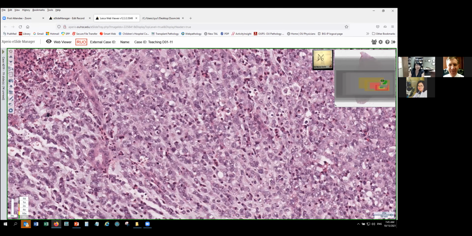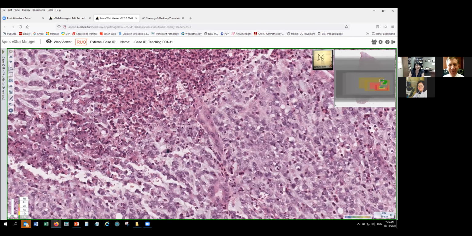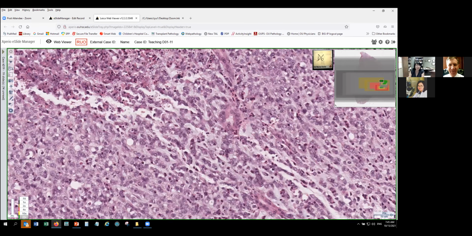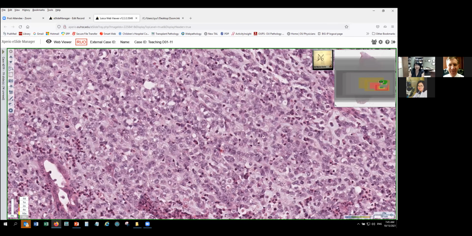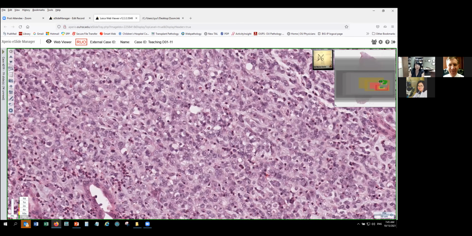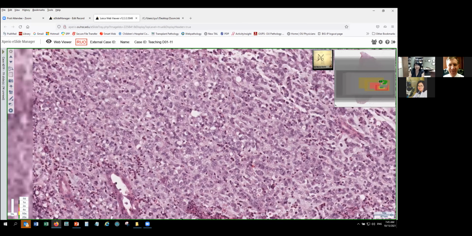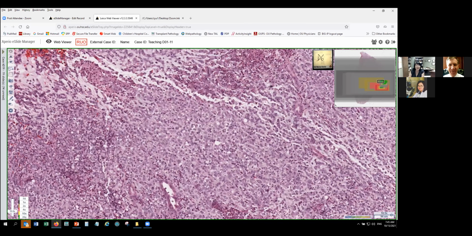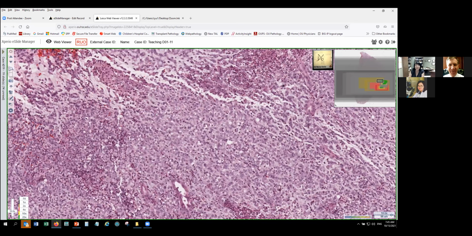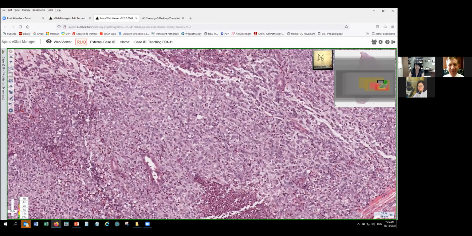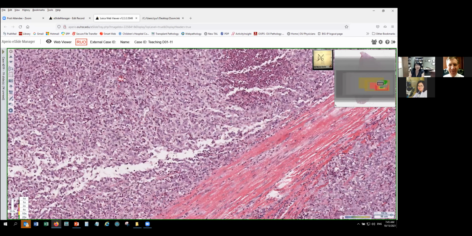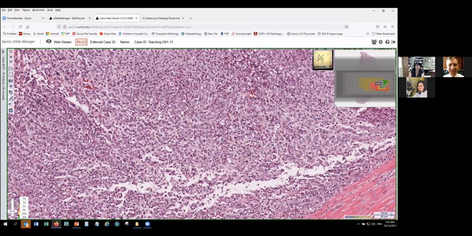9 months old, here's necrosis. So, is this small cell hepatoblastoma or rhabdoid tumor? Of course, we do immunos. And this case has a loss of nuclear expression of INI1. So this case is rhabdoid tumor. It's not hepatoblastoma.